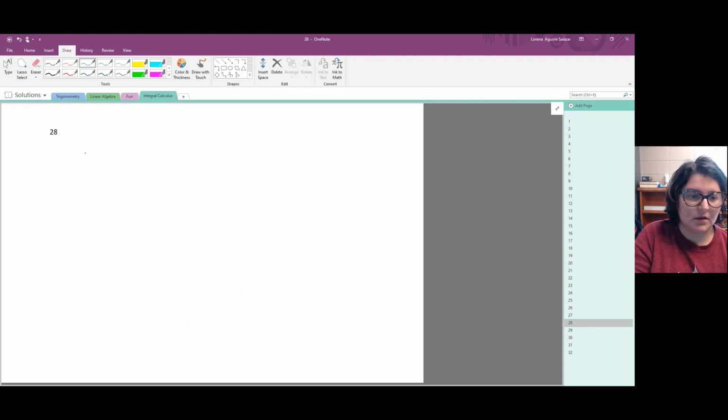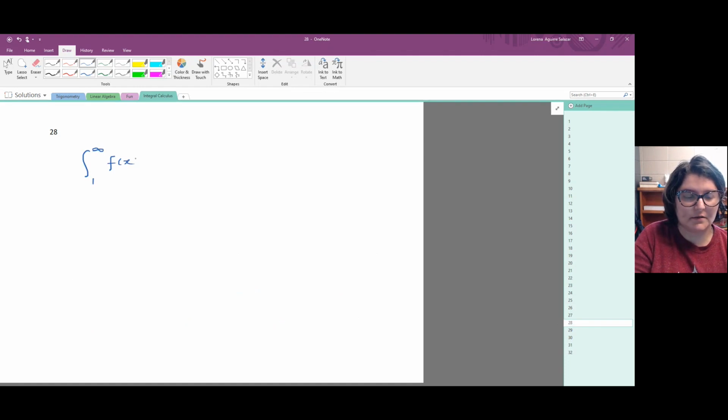So now the integral from 1 to infinity of f of x dx is the integral from 1 to infinity of 1 over the cubic root of x dx. And by definition, this is the limit as b goes to infinity of the integral from 1 to b of, and let's rewrite that root as a power, 1 over x to the 1/3 dx.